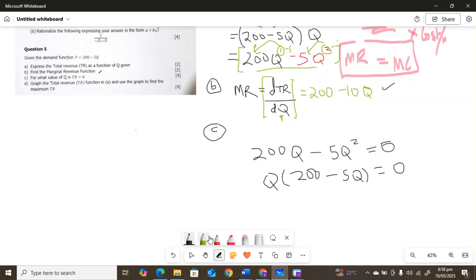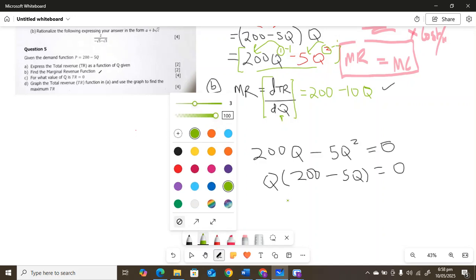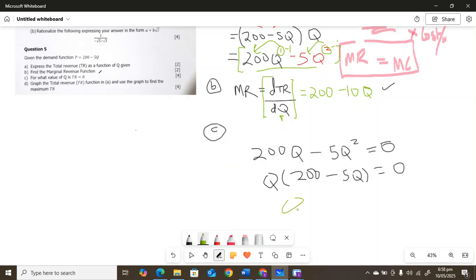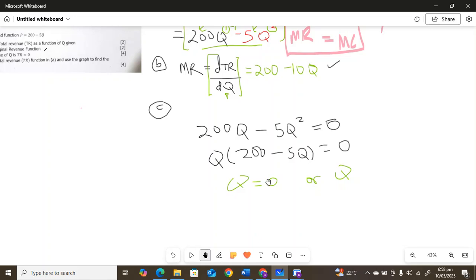And the zero product rule is this one where you say, okay, Q equals 0 or 200 minus 5Q equals 0. If you remember in the questions for logarithms, we did a similar thing. This is the zero product rule.